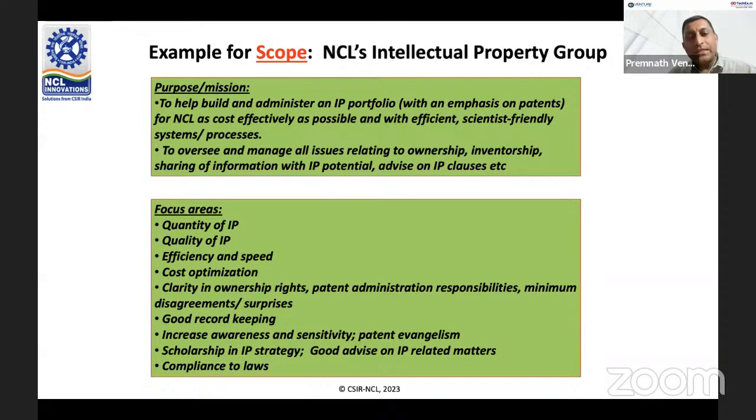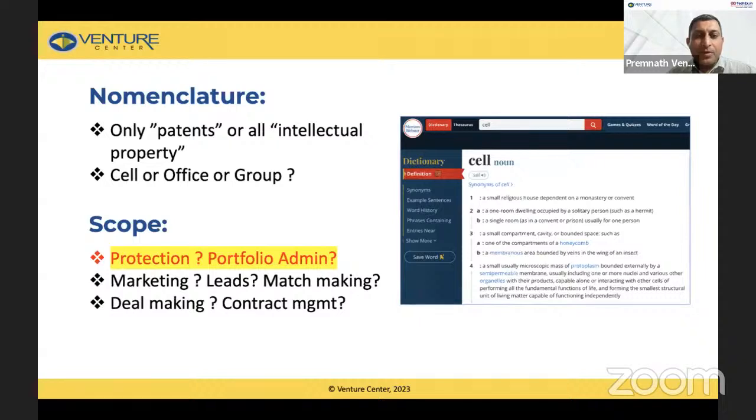So you'll notice here that this scope only focuses on, as I showed you before, protection and portfolio administration, not on marketing, leads, matchmaking, and so on and so forth, which is a different task and requires very often different skill sets than protecting it, right?